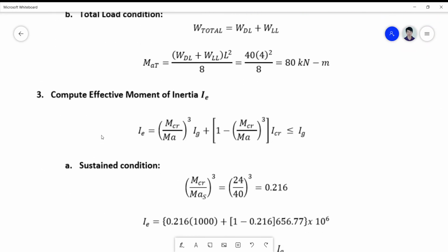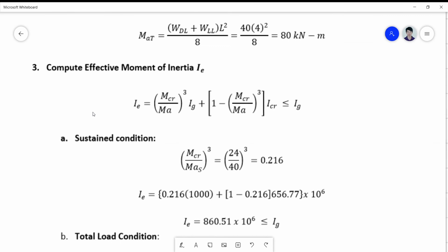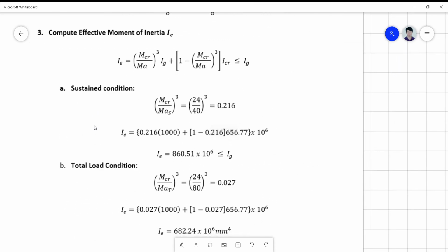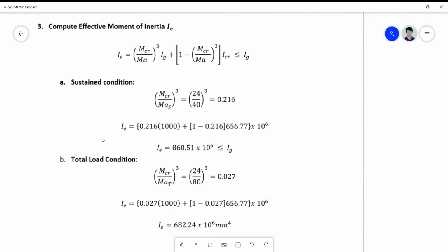Okay, so let's move over to the effective moment of inertia. Again, we have to consider two loading conditions.